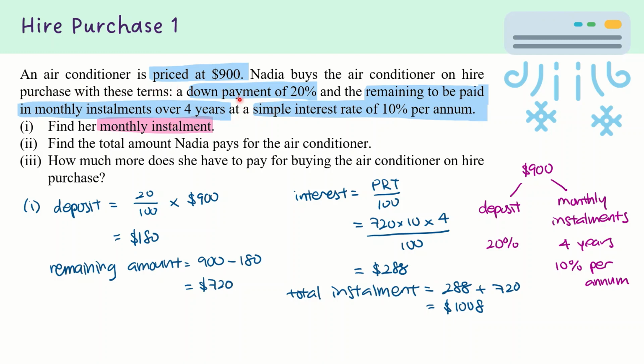The payment is going to be made over 4 years, and because it is a monthly installment, I need to find the number of months, which is 4 times 12. Therefore, the monthly installment will be $1,008 divided by 4 times 12, and we get $21. Hence, the monthly installment is equal to $21.